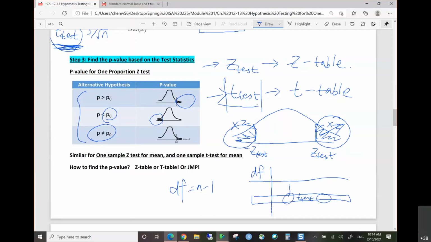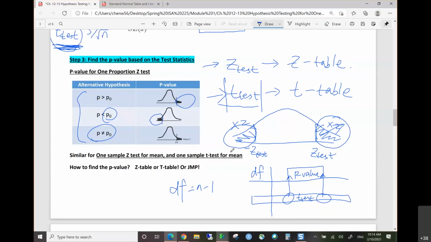Then you go up to the top axis and you have the range of your p-value, right? So if you have the t-test statistic, you can only get the range of the p-value from the t-table. But that will also be enough for you to make the conclusion.